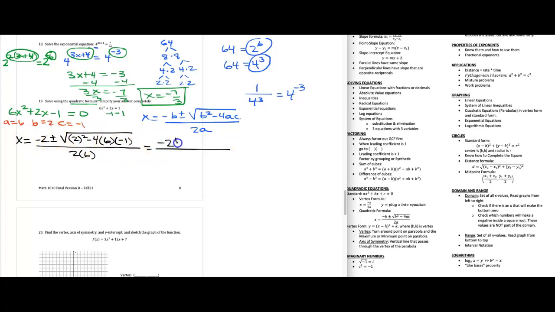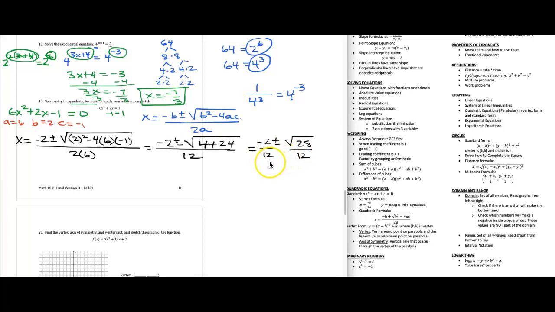So negative 2 plus or minus the square root of 4, and then this is going to be negative times a negative, so this is going to give us a positive here, so plus 24 all over 12. Or negative 2 plus or minus the square root of 28 all over 12. And I'm going to actually write this when I'm dividing it by 12. It's really like each of these are being divided by 12. You don't have to write it that way.